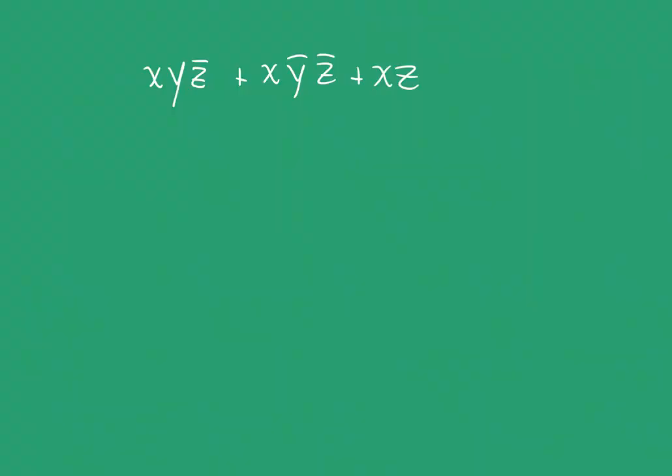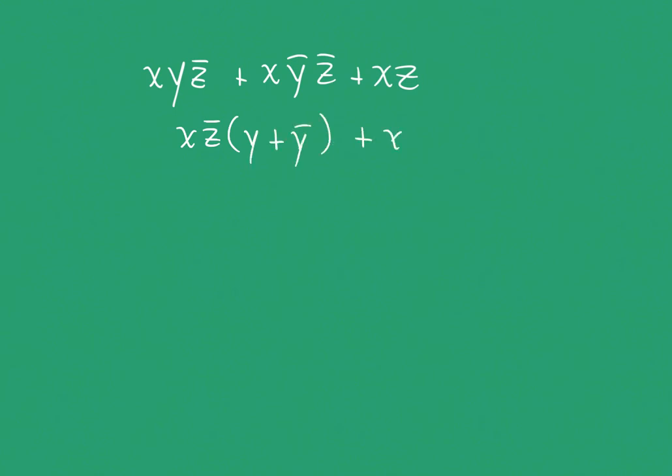This is the Boolean expression that we derived from the circuit diagram we drew earlier. So we're going to use those properties right now to try to simplify this as much as possible. One thing I notice is that the first two terms are exactly the same, except one has a y and one has a not y. So I'm going to factor everything else out using the distributive property, which means I'm going to have x z bar times y plus y bar.